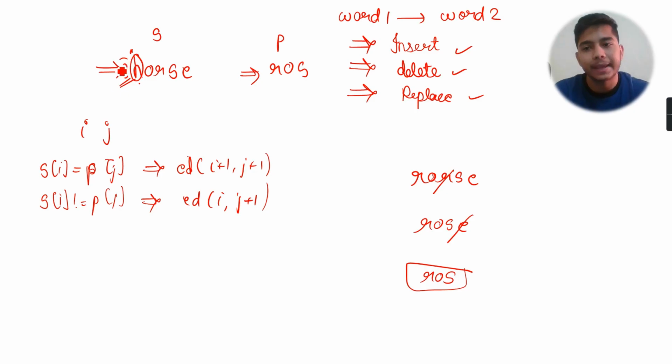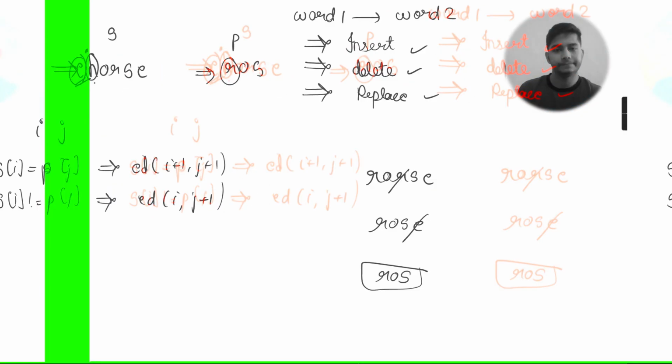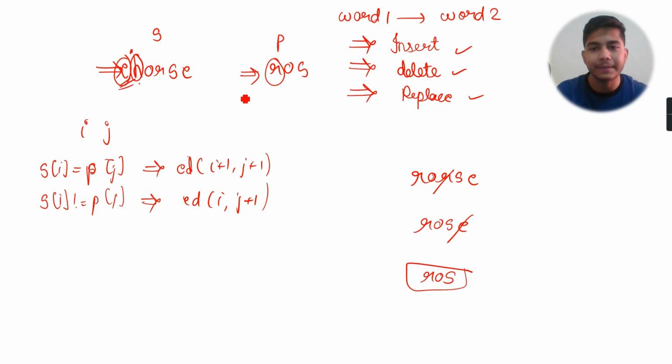Because I inserted some character, considering that I am inserting optimally, and obviously I will insert optimally only, so I will try to match one of the p. And if this and this are matched, in this case I can move further, I can move to O. But because I inserted one character, I still have to be at the previous character only, right? So this will be the case for insert.